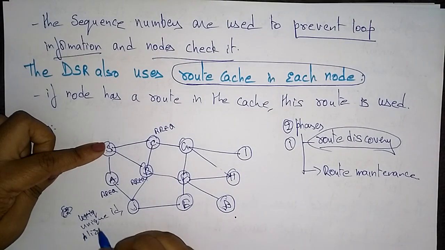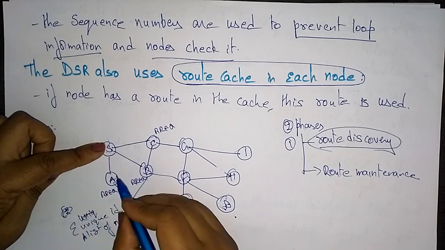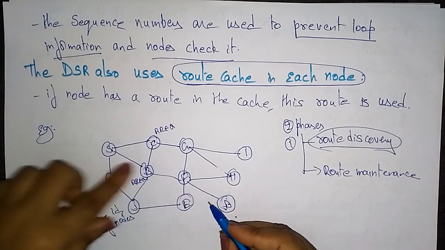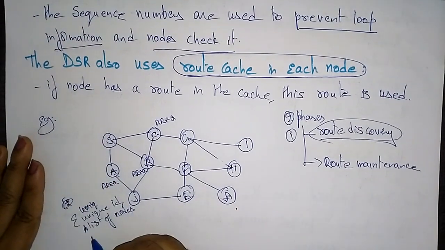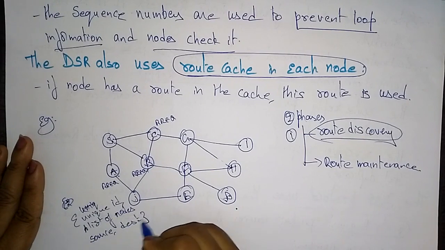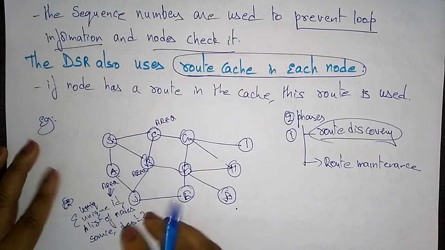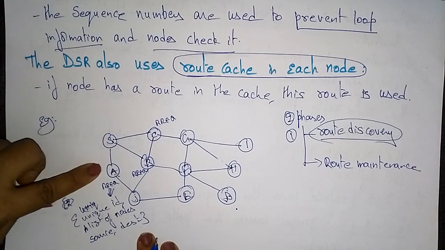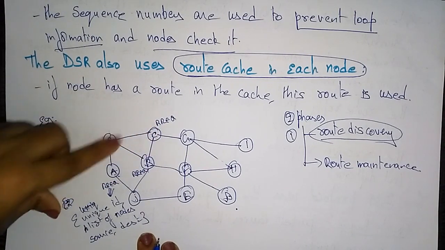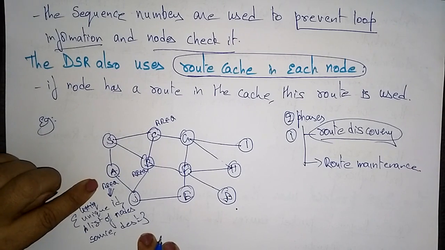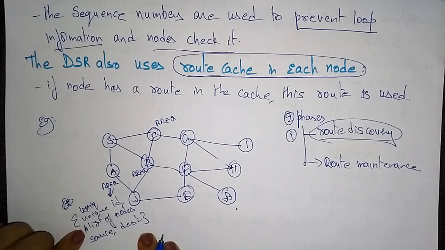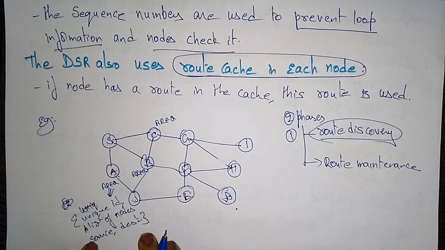Starting out, the list of nodes is empty. Whenever it passes from one node to another node, the list will be filled. Next, the source from where it is coming and the destination node. So S is sending the information to the neighboring nodes with the help of the route request packet, which contains a unique ID, a list of nodes, and the source and destination.